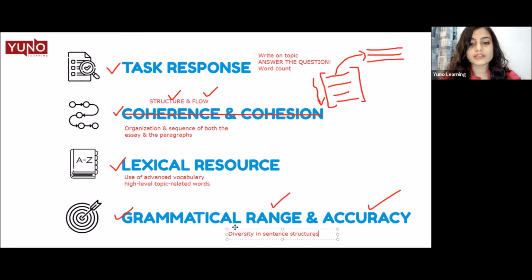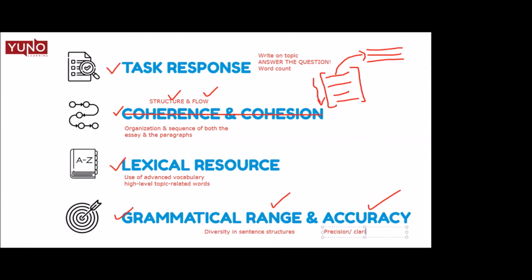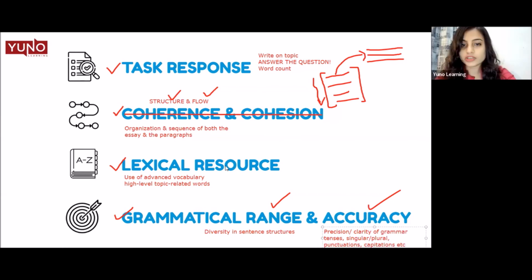And accuracy refers to, let me write this down as well, the precision. All right, so this is grammatical range and grammatical accuracy.